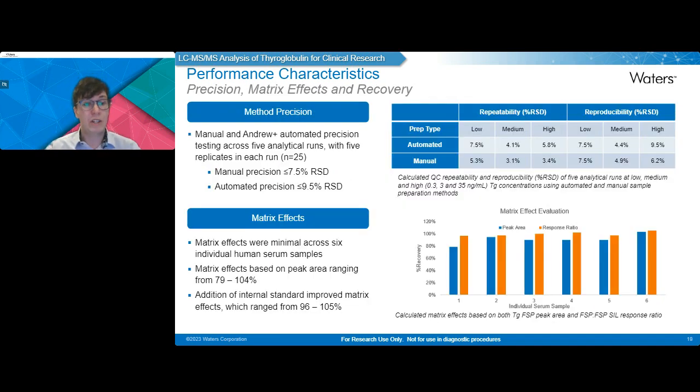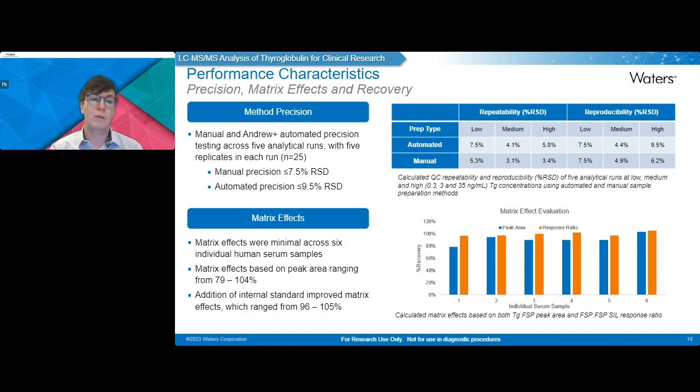The precision, matrix effects and recovery of this method are shown here. We have the method precision, with manual and Andrew Plus automated precision testing. I ran this manually and also automated because I know not everyone has access to automation.